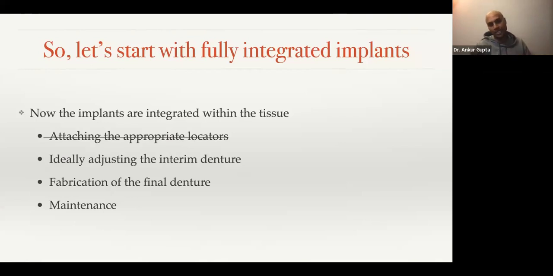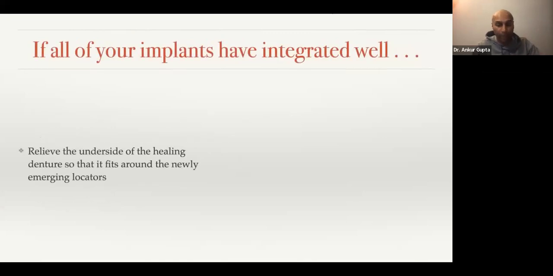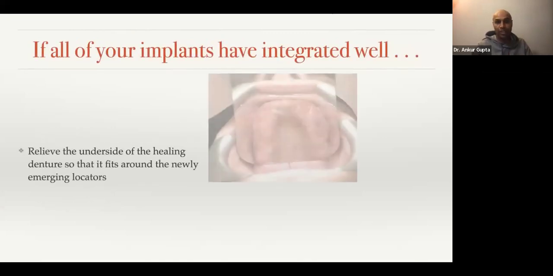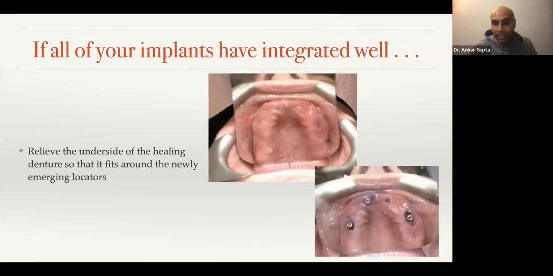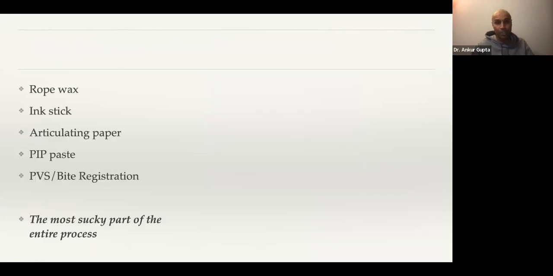All right, so you've attached the appropriate locators. Next, the problem is that your denture doesn't fit your interim denture, your temporary denture. It's no longer going to fit because you have a bunch of metal things sticking out of the gums. So now you have the underside of your temporary denture that the patient still has to wear while you are fabricating their permanent denture.